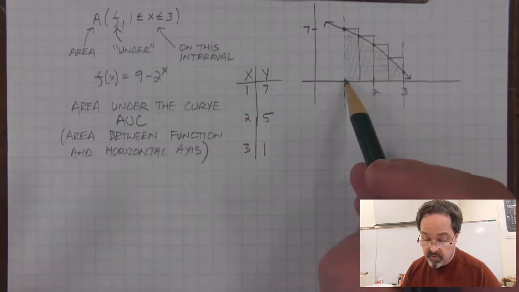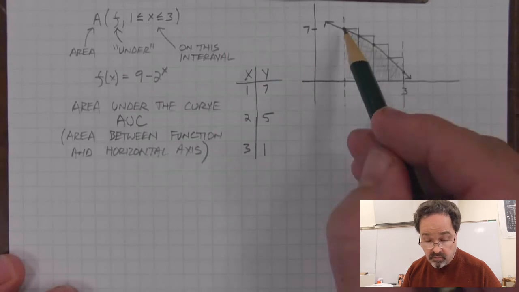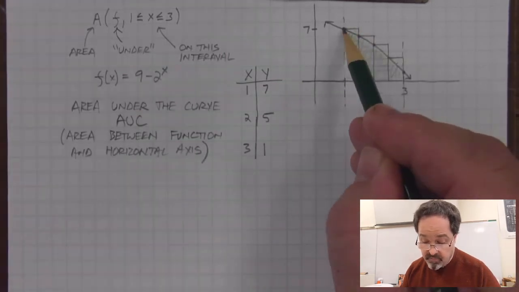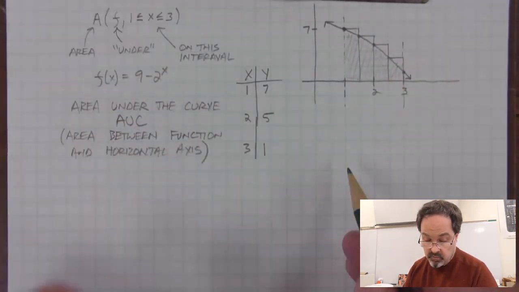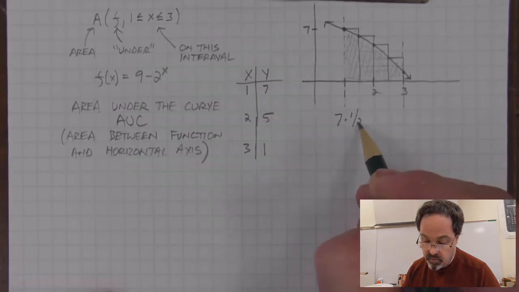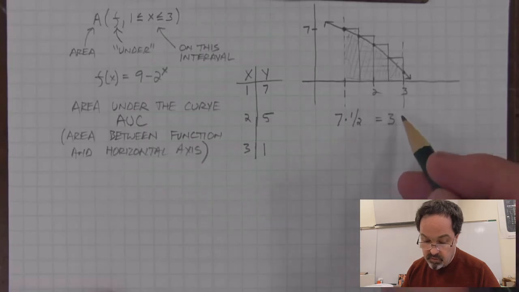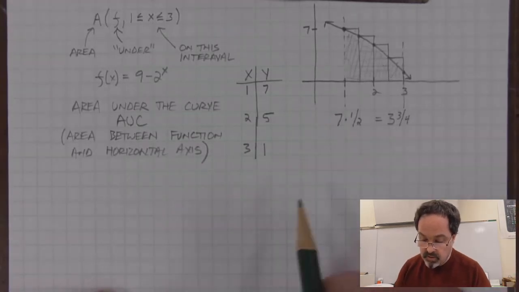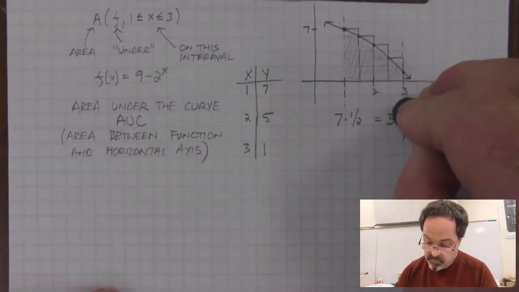This first rectangle has a base of 1/2 and a height of 7, because the rectangle was made by drawing a height at that function value that was found in my table. So the area of that rectangle is the height 7 times the base of 1/2, or 3 1/2.